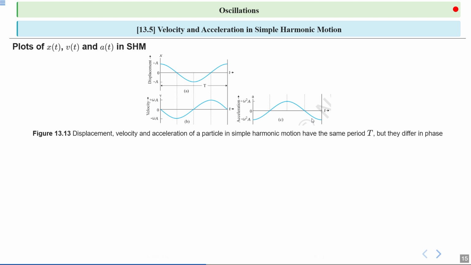While they all repeat with the same period T, their peaks and zero points don't line up. They are out of phase with each other.